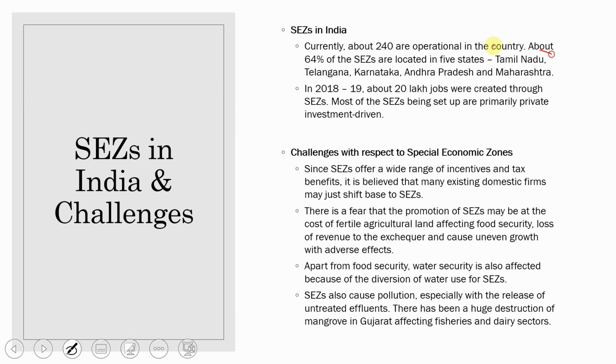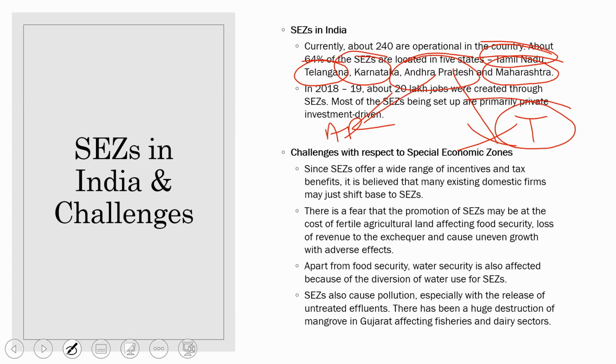Which are those states? Tamil Nadu, Telangana, Karnataka, Andhra Pradesh, and Maharashtra. But if you break Andhra Pradesh into two, that is Andhra Pradesh and Telangana, then you will find Infosys there, that is an SEZ. Okay, and in 2018 to 19, about 20 lakh jobs were created through SEZs, and most special economic zones being set up are primarily private investment driven.